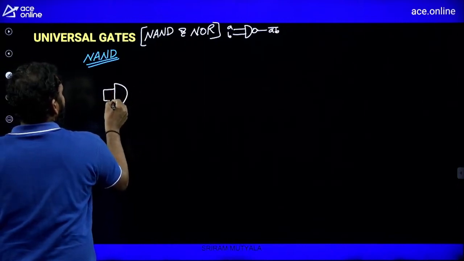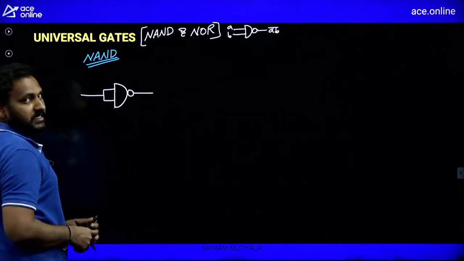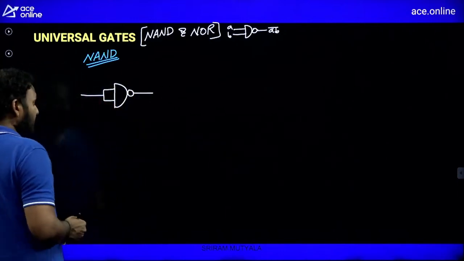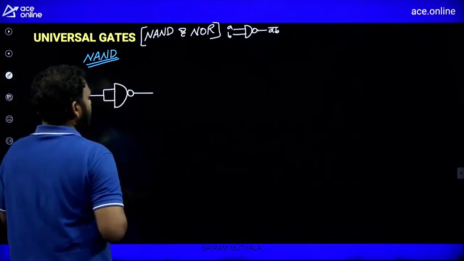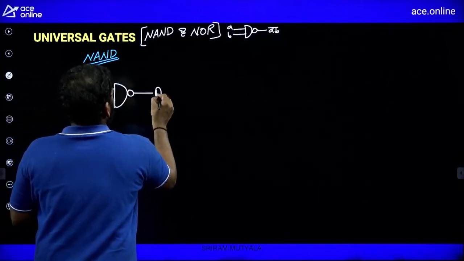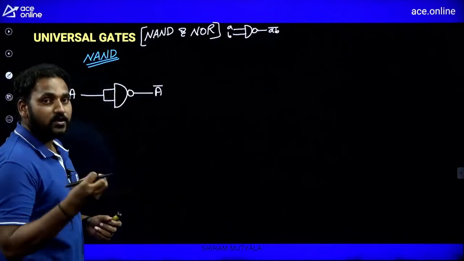These are the standard circuits. We have rules and regulations, proof is there, but no need of proof. This is a standard circuit of an inverter using a NAND gate. Just AND operation and then bubble, NOT operation. A dot A, output is A bar. Input A, output A bar. It is the operation of a NOT gate.